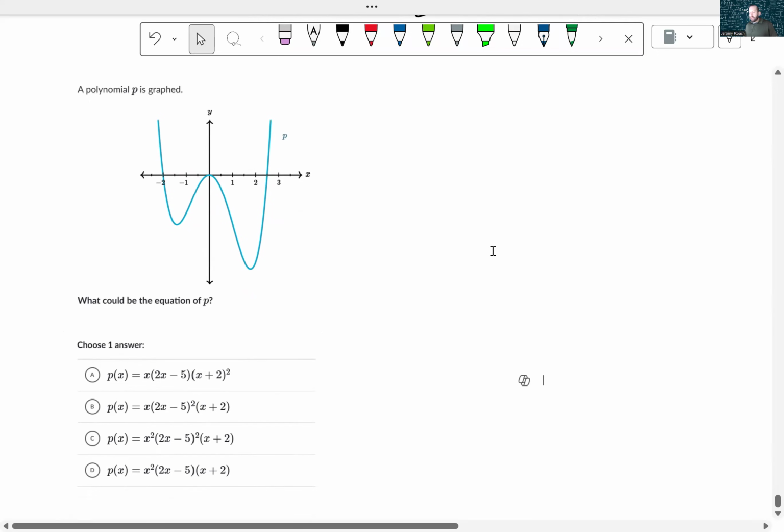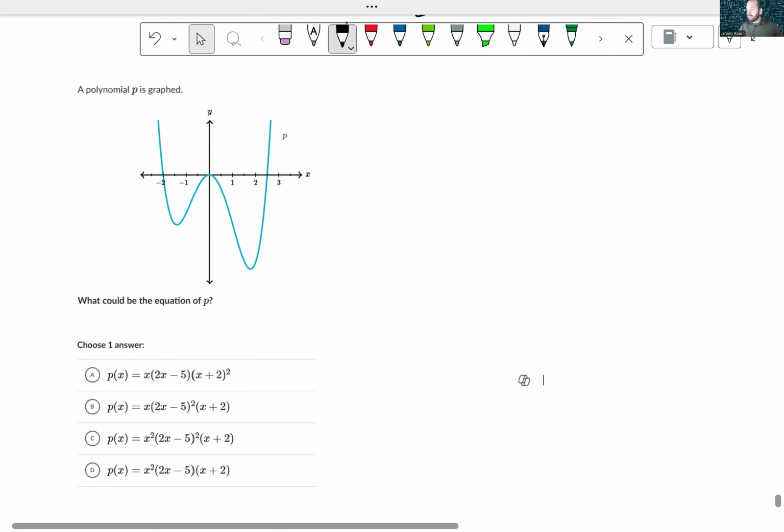So if we take a look at what's happening here at 0, 0, it's bouncing off the graph. So that means that when x equals 0, it's going to be a squared value equals 0, or x squared equals 0. So that means that it's got to be C or D. If it was A or B, it would go through the graph.